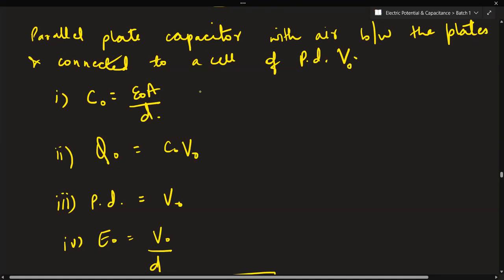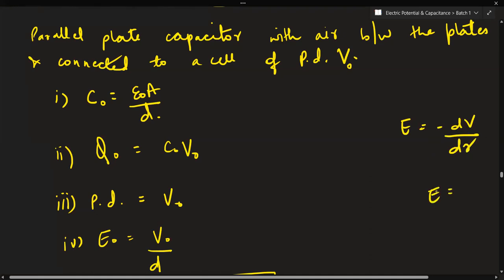If air is completely filled, then remember the formula was epsilon naught A divided by D. Charge Q naught was equal to C naught V naught. If capacitance is C naught, potential is V naught, then charge will be C naught V naught. Potential difference is V naught. And electric field, from the relation we did, dV by dr. This is one formula for all those who are not aware of.